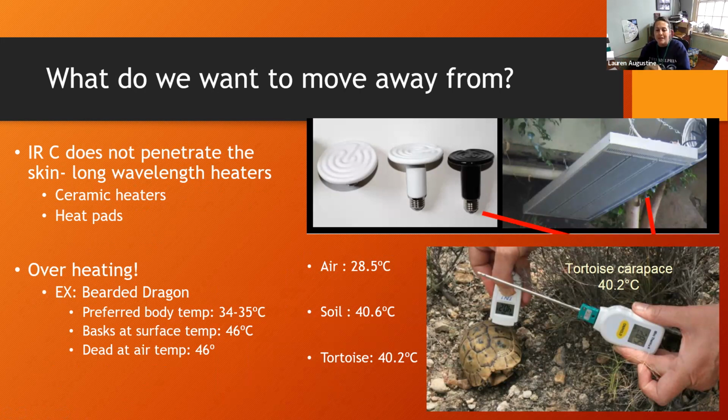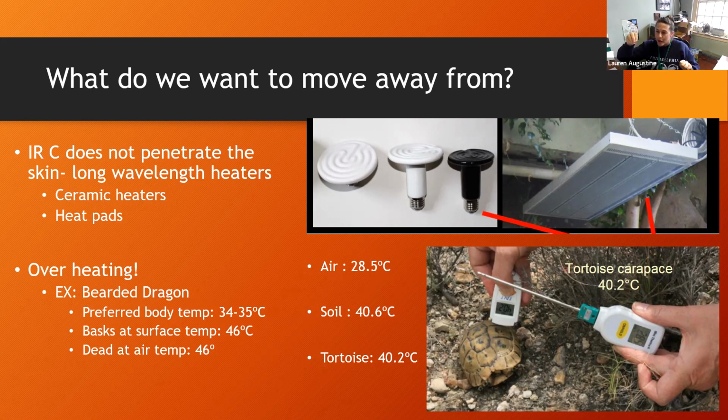One thing we want to be very careful about is overheating. It can't be stated enough that all these components of sunlight are really beneficial, but they can be very dangerous if not appropriately managed. We don't want to create an isolated spot for that heat. We want to create a large basking area, because we don't want an animal to get a burn.